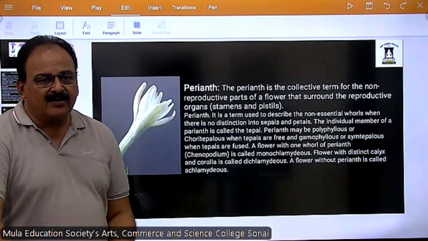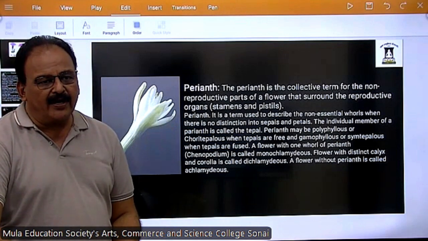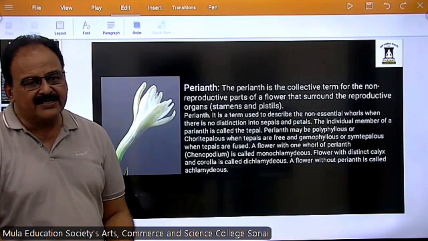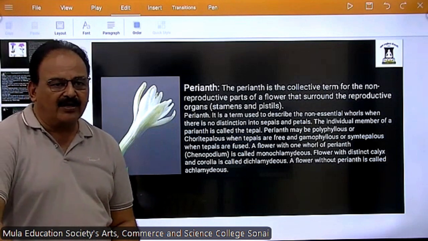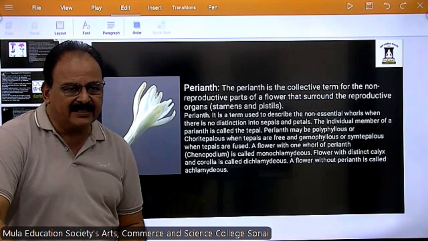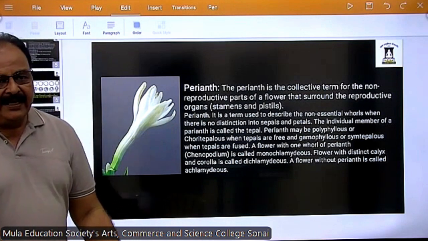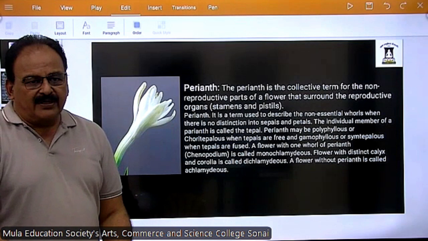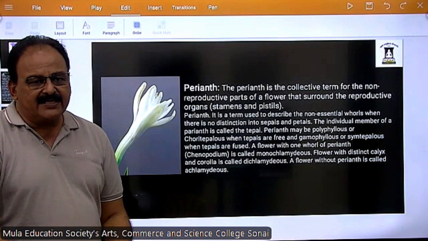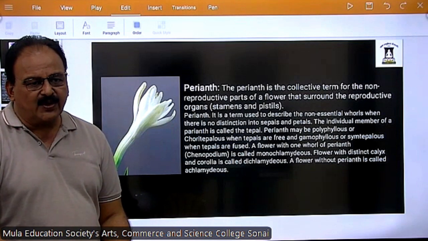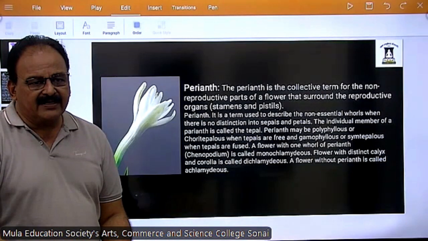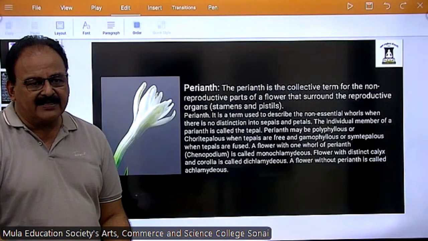The perianth is the collective term for the non-reproductive parts of the flower surrounding the reproductive organs, stamens and pistil. It is a term used to describe the non-essential whorl when there is no distinguishing into sepals and petals.